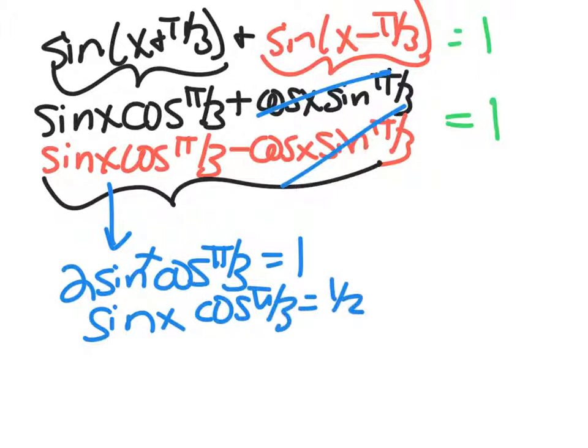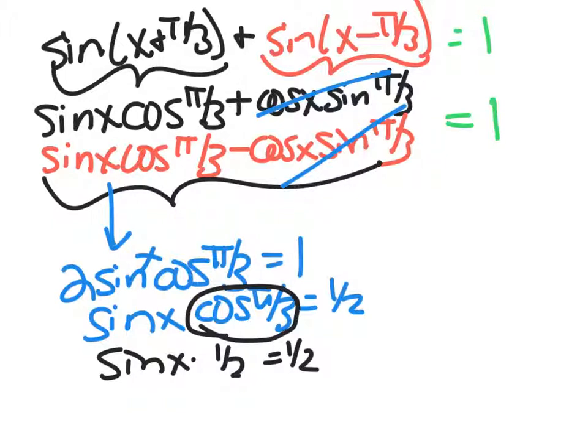And then cosine pi over 3, if you look it up on your unit circle, that is your 60 degrees, is a half. So I have sine of x times a half equals a half, which means if I multiply both sides by 2 to get rid of my 1/2, I get sine of x equals 1.